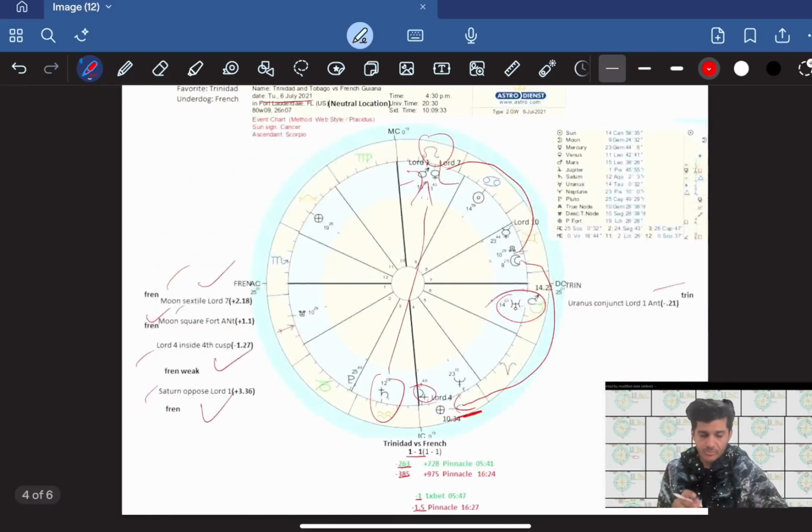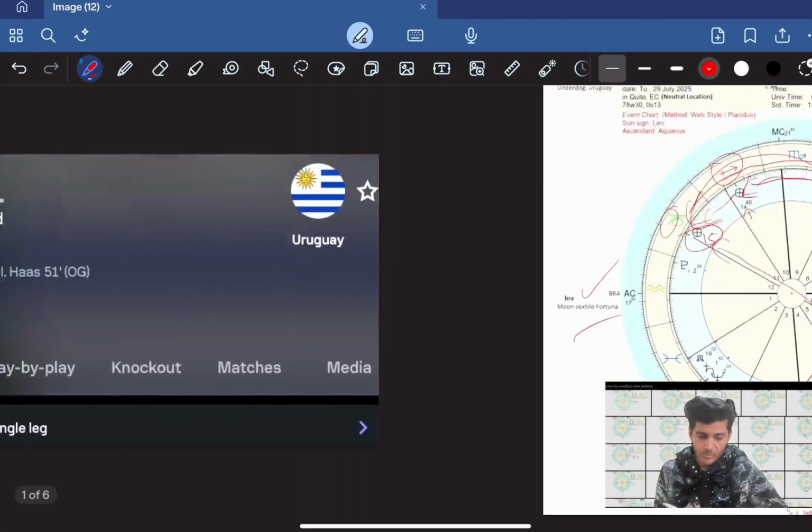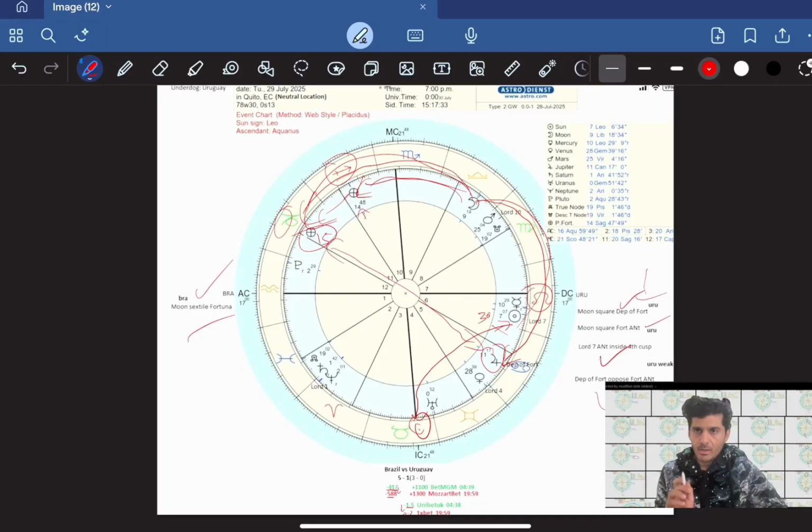So remember, let me just repeat. The two charts had similar code: 3 underdogs, bodily aspects, 1 favorite, 1 weak underdog, and both were mutual, right? But the Brazil and Uruguay chart, this one, was different, all right? And it was different because of the 2 square aspects, as you can see here.